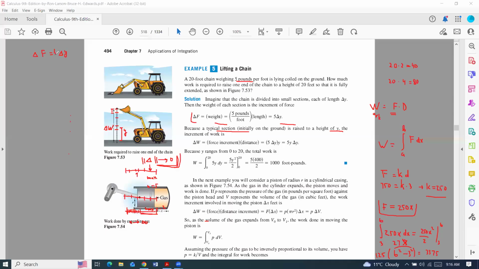So that's the work that we are doing with that little piece. But then we also have to lift it by Y units of height. So we need to multiply that 5 delta Y, that one piece, by Y. You can put Y in front. And so that's for this piece.